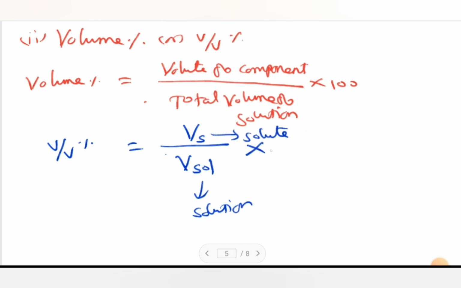Multiplied by 100. In your cough syrups and in some of the liquids, you might have noted these kinds of things.